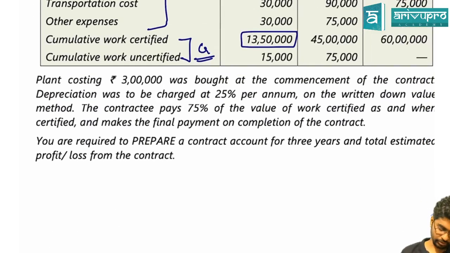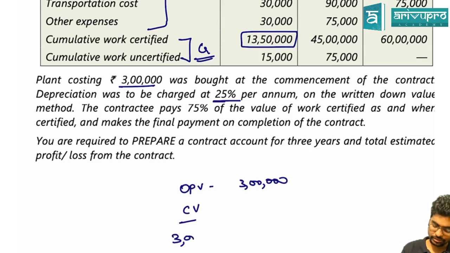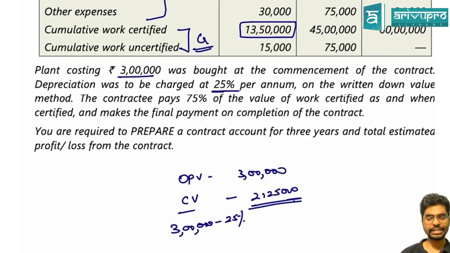The next part of the question: a plant costing 3 lakh was brought into the contract, and depreciation is charged at 25%. So in the first year the opening value of the plant will be 3 lakh, and the closing value will be 3 lakh minus 25%. How much does it come to? 2 lakh 25,000. Right? Any doubt in this?